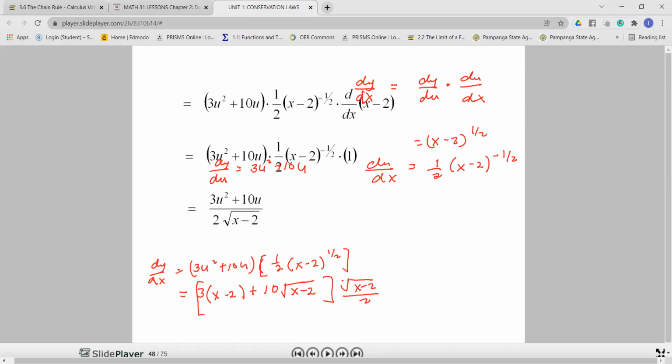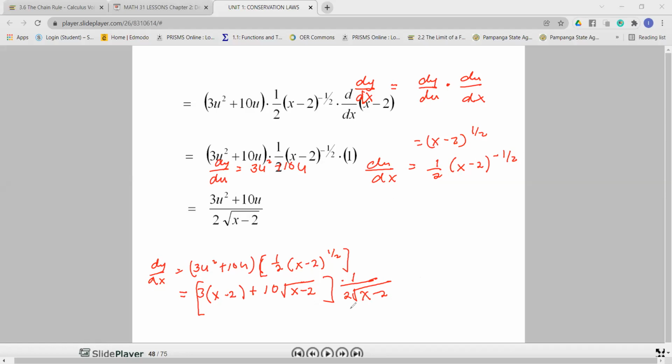Wait, there's an error here. Let me correct this mistake, sorry. This should be 1 over 2. The negative was wrong. So, that should be 1 over 2 square root of x minus 2. So when we distribute this, we will have the square root of x minus 2 in everything.